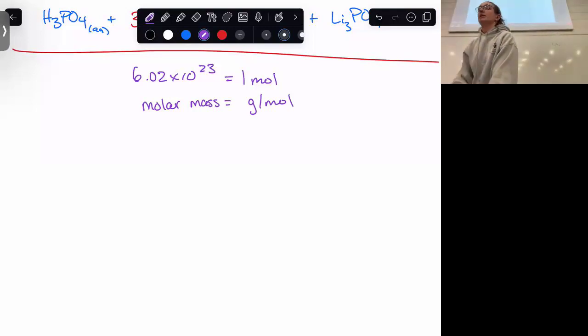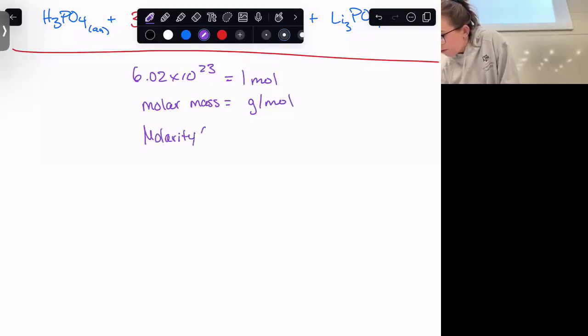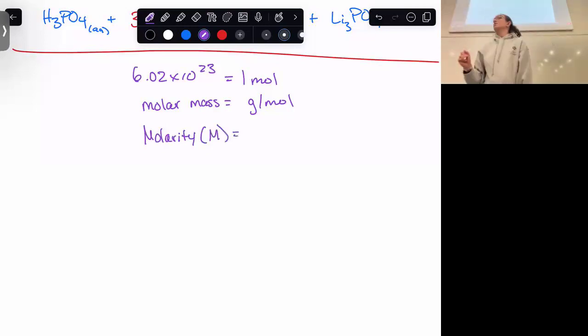Some other things we might need to know is concentration. What do we usually say concentration is in? Molarity, the big M. What are the units for molarity? Moles per liter.